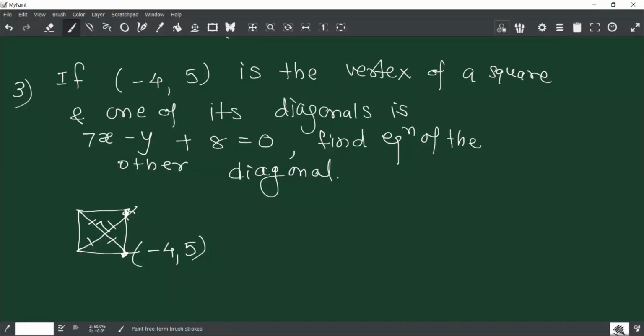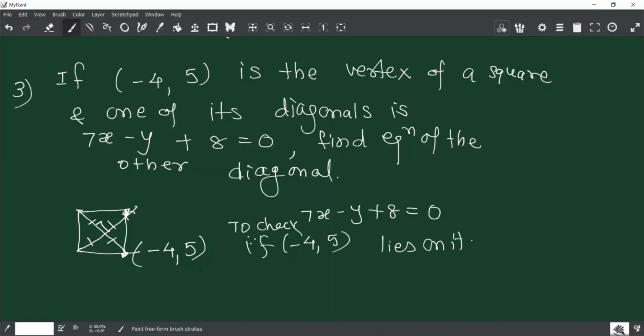Yes, I'm solving only. First, what to do is you have to write the equation of the diagonal given: 7x minus y plus 8 is equal to 0. And since (-4, 5), we have to check if (-4, 5) lies on it or not. So put -4 in place of x, put 5 in place of y. Is that equal to 0? Tell me. So it's not satisfying. So it is not equal to 0. Correct?